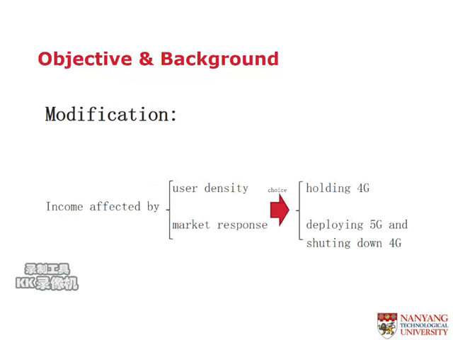The income of several operators is affected by the user's density and market response. After considering these two factors, the operators will make a choice to hold 4G or deploy 5G and shut down 4G in a unit area.